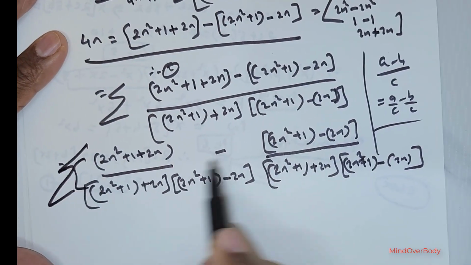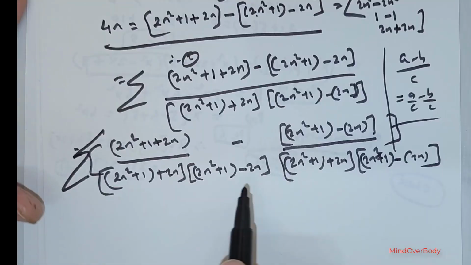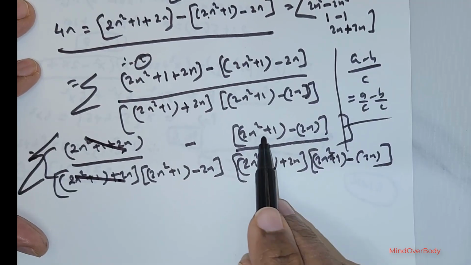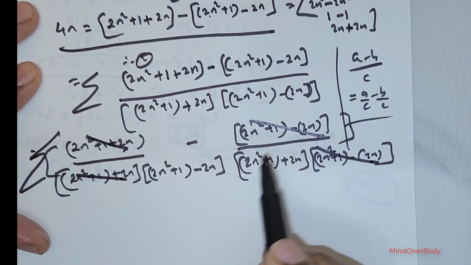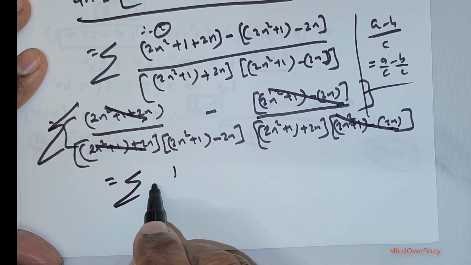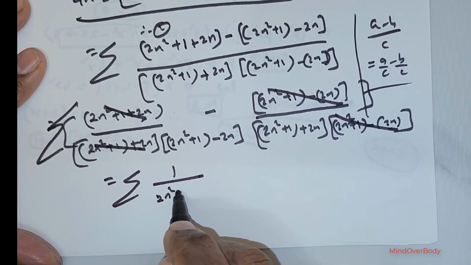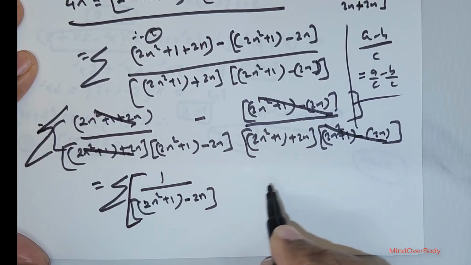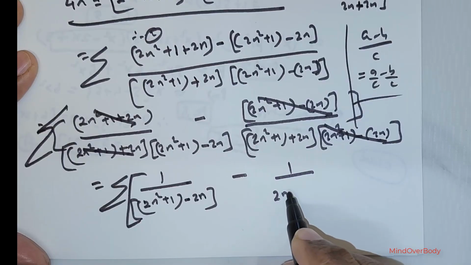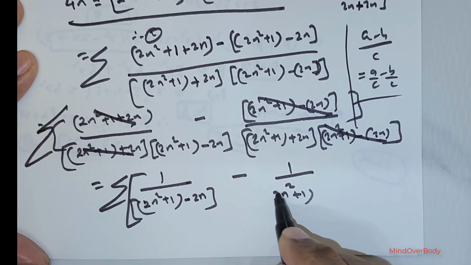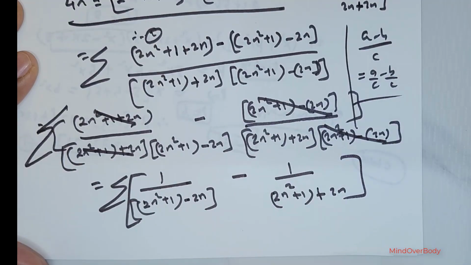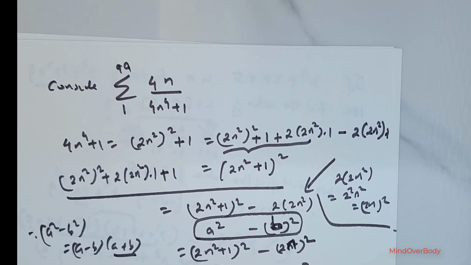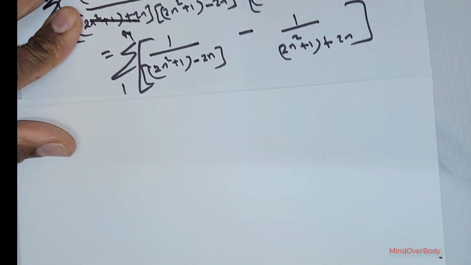So this entire thing has got a sigma bound. It's covered by sigma. So (2n squared positive 1 positive 2n) goes off, (2n squared positive 1 negative 2n) goes off. So you have sigma of 1 over (2n squared positive 1 negative 2n), this is what is present, followed by negative 1 over (2n squared positive 1 positive 2n). Okay, so let's go to the next slide.